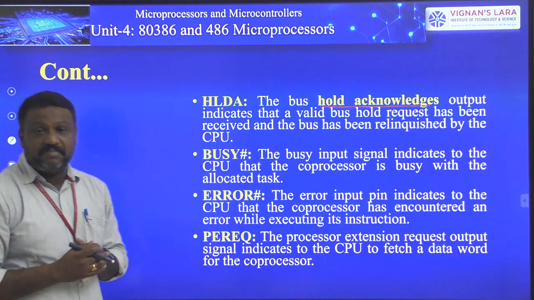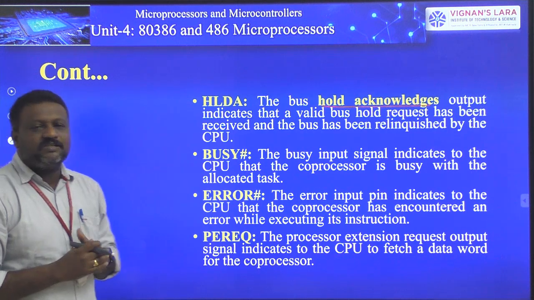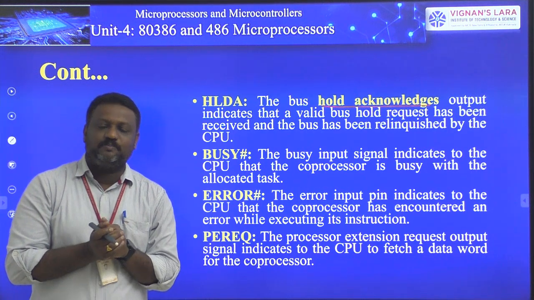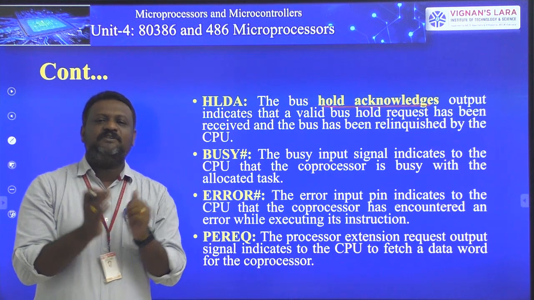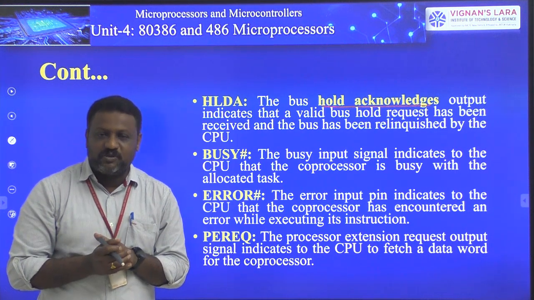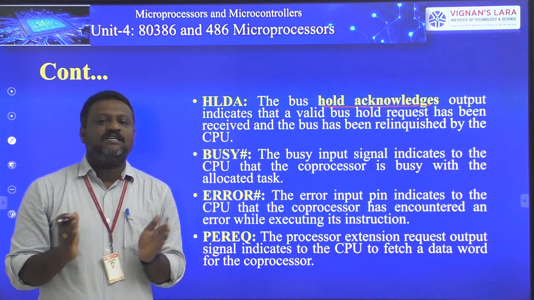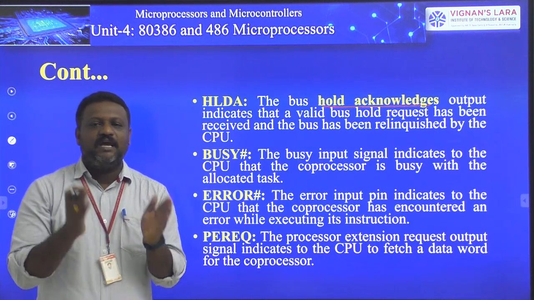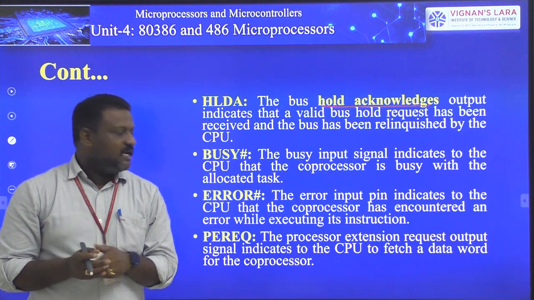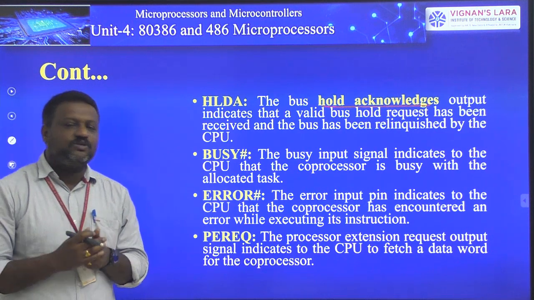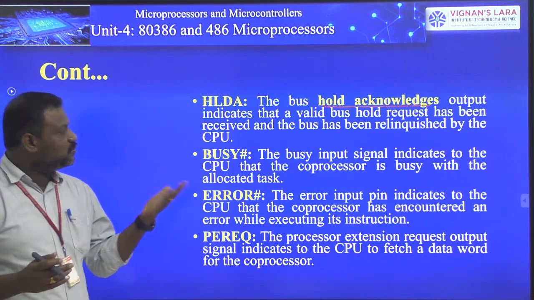And the next one is BUSY#. Basically this signal is related to the coprocessor. Remember, friends, the salient features of 80386: it has a mathematical coprocessor whose IC number is 80387. This particular signal is related to it. Once this signal is active, what happens?